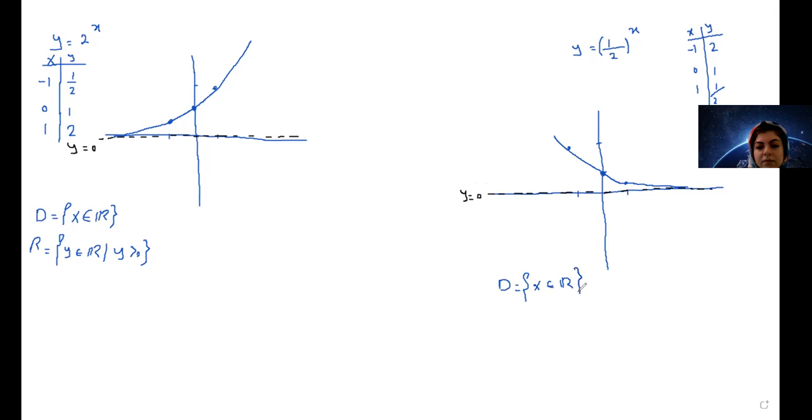For y, the y again belongs to the real numbers, but y is always positive, above the x-axis, right? Y greater than 0. Your function is always decreasing and you have a y-intercept at 1. Any questions?